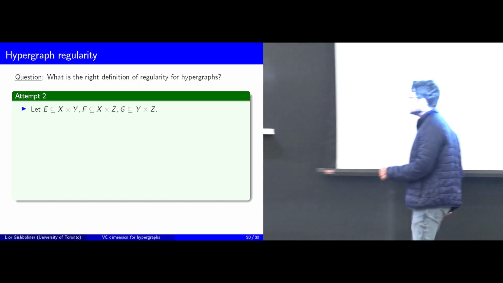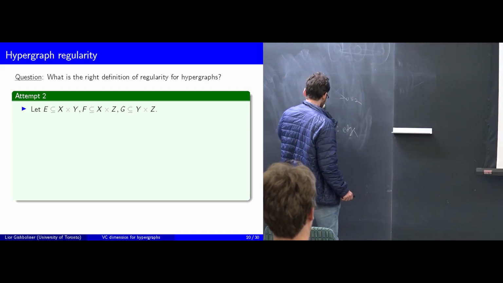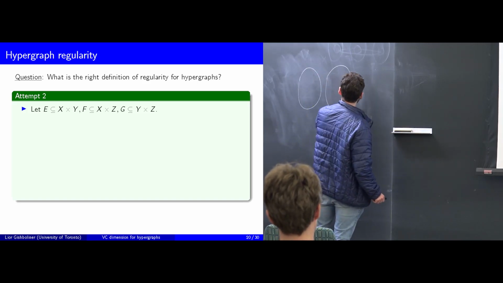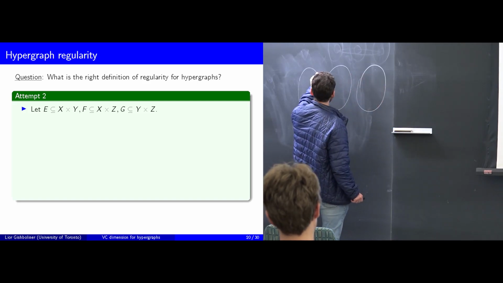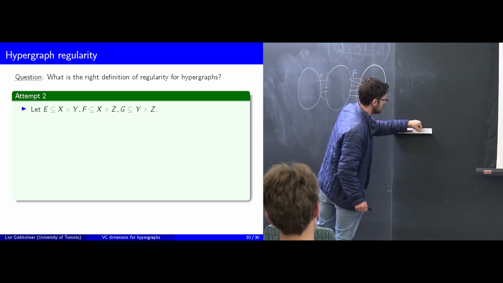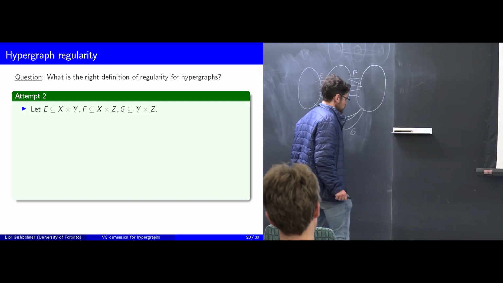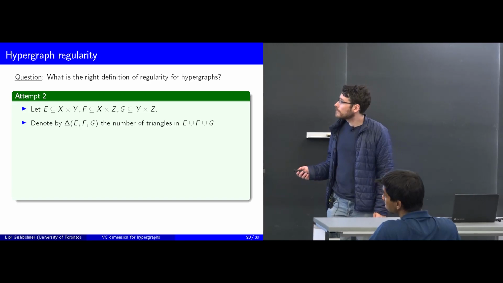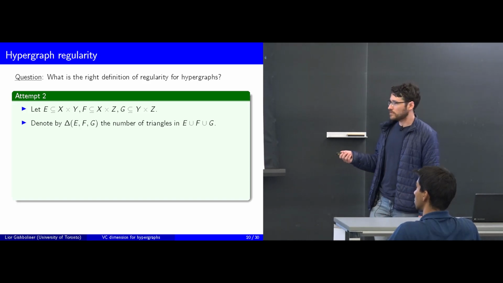So the picture is that here we have some graph, we call it E. Here we have some graph F. And here we have some graph G. And what we're going to measure: first we'll count how many triangles there are given by those three graphs.